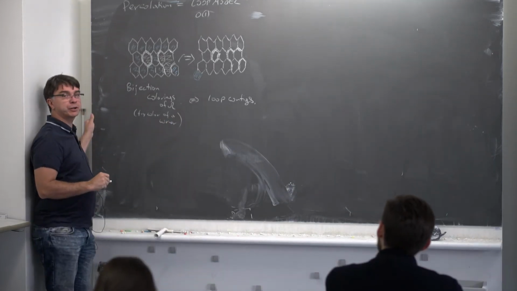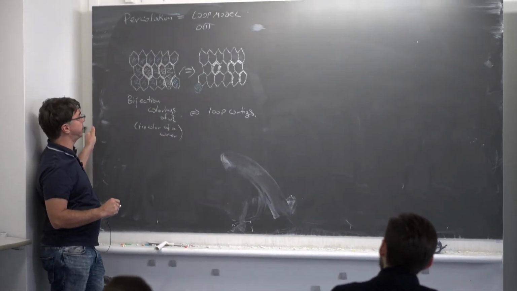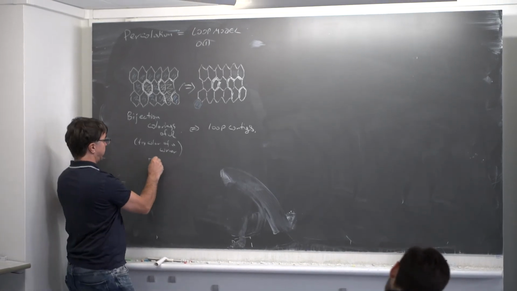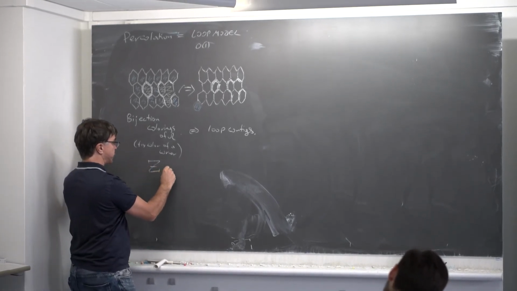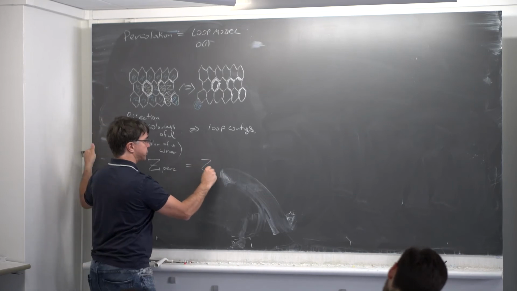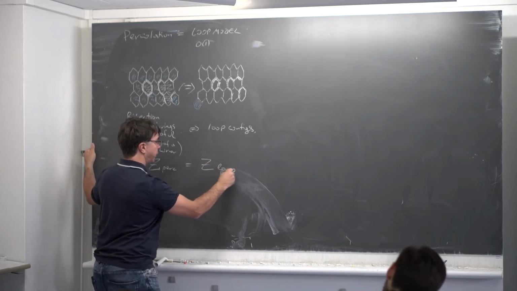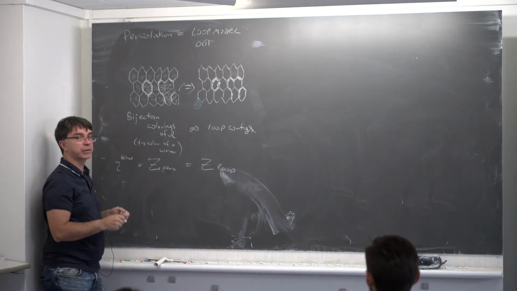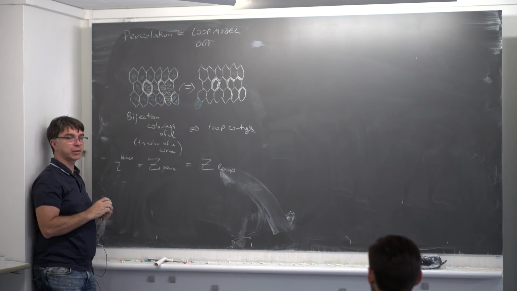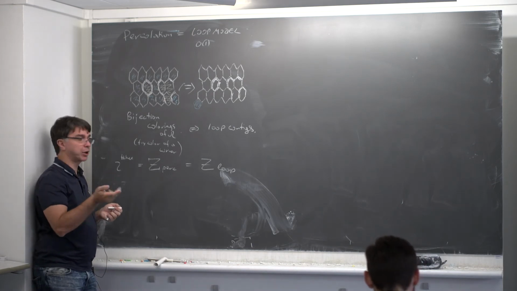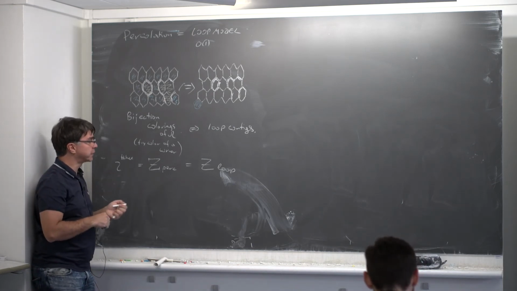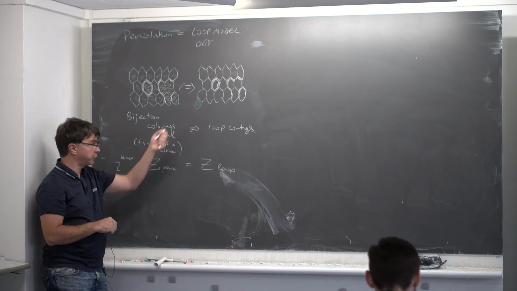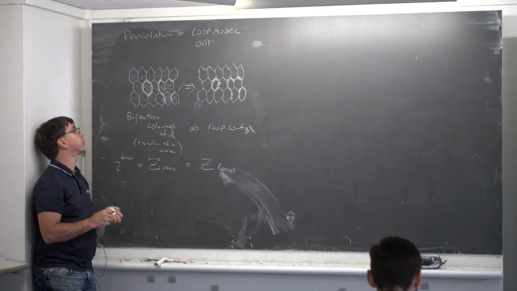In particular, that means already some interesting thing, because it means that the partition function of percolation is equal to the partition function of this loop model. But the partition function of percolation is just 2 to the power number of hexagons, because each hexagon can be colored two ways. So the partition function of the loop model is the same, 2 to the power number of hexagons.